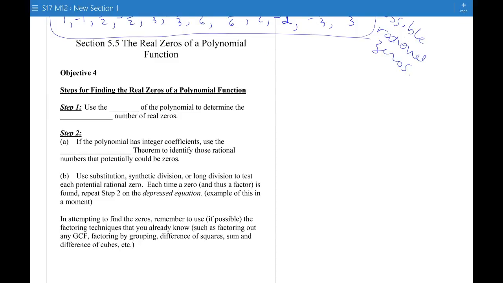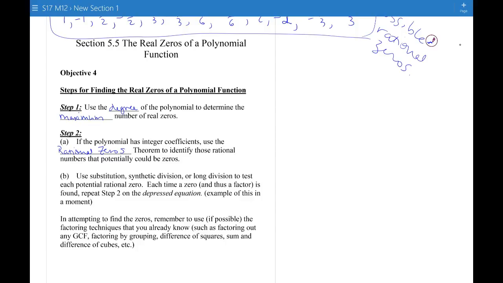So the steps for finding the real zeros of a polynomial function: we're going to use the degree of the polynomial to determine the maximum number of zeros, so we'll know when we should stop, that we found them all. If the polynomial has integer coefficients, use the rational zeros theorem to identify the rational numbers that could possibly be zeros.